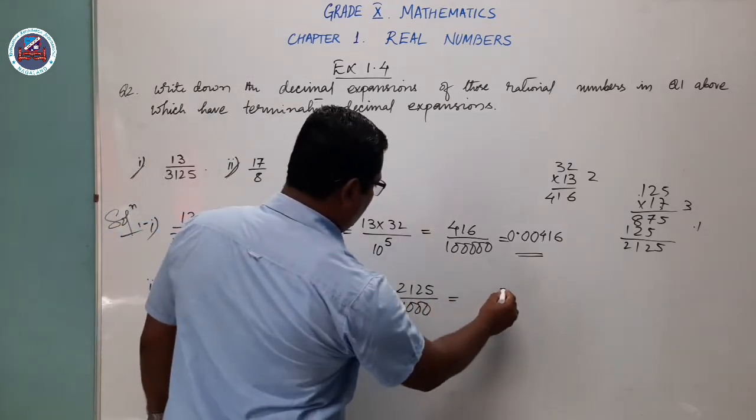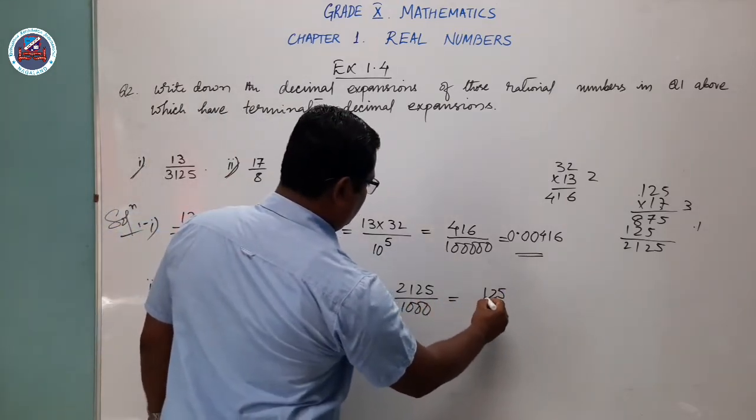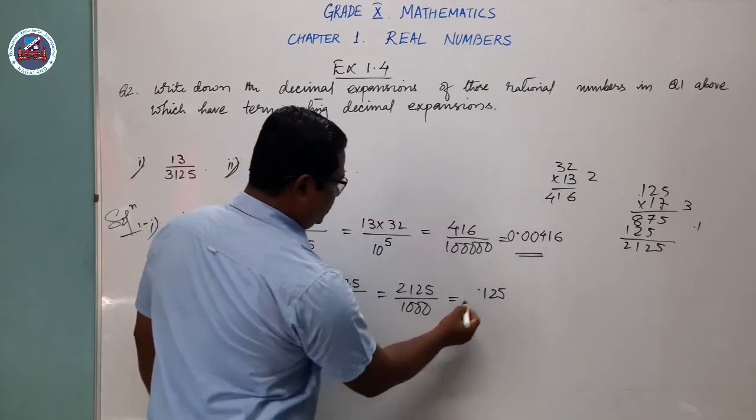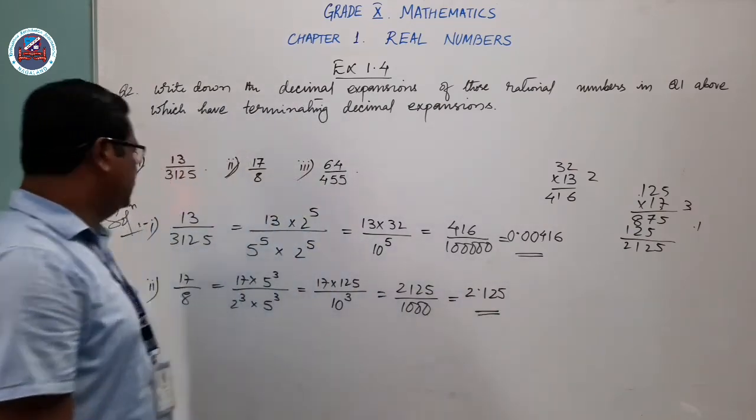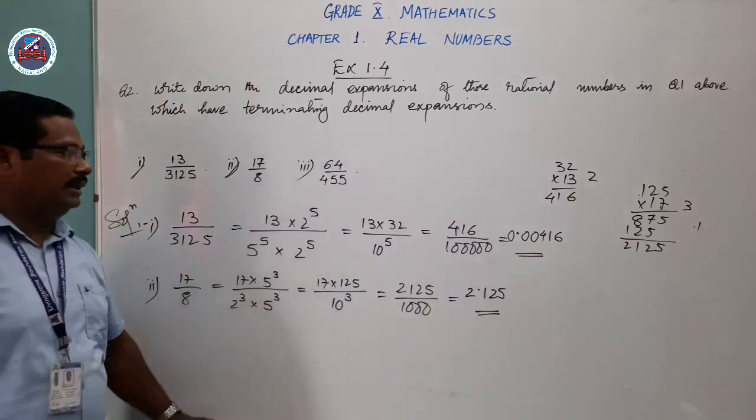So 3 digits, then the decimal. Here 3 zeros are there, so count 3 digits from the right. This way you can find the terminating decimal expansion.